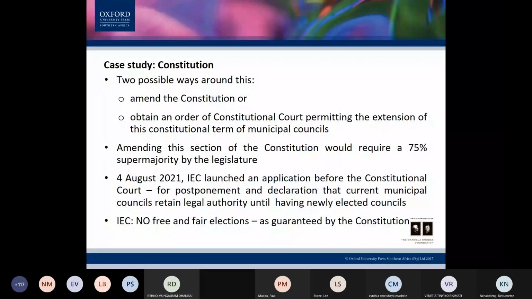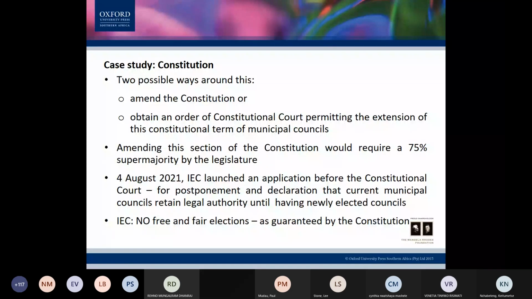Imagine the Constitutional Court grants permission that the current constitutional terms of all the democratically elected municipal councils which came into power in 2016 continue serving the people beyond their original constitutional term as provided by Section 159 of the Constitution.